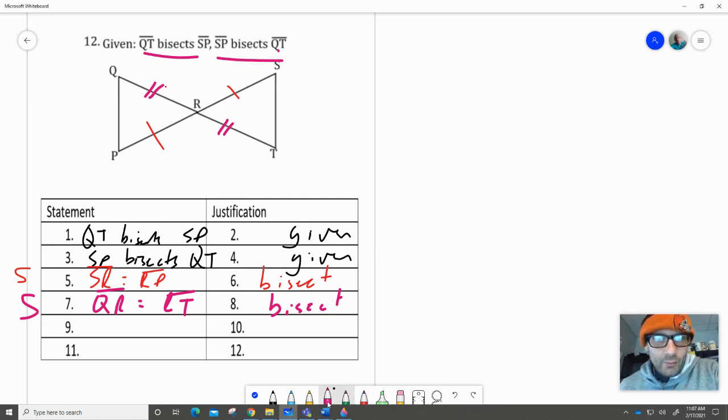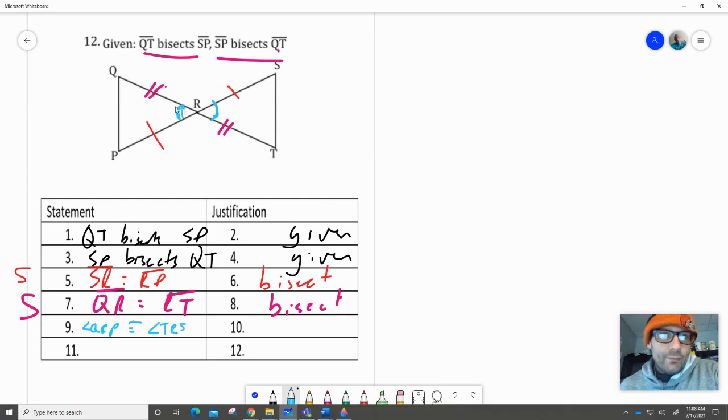We're smart. We should see that we have the information to prove that angle QRP is congruent to angle TRS. Why?